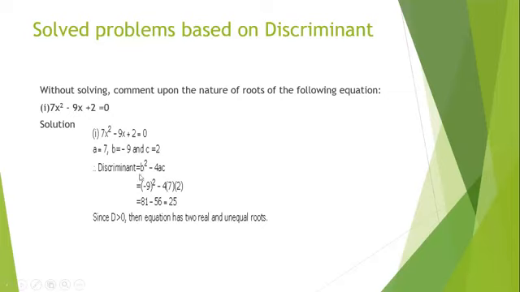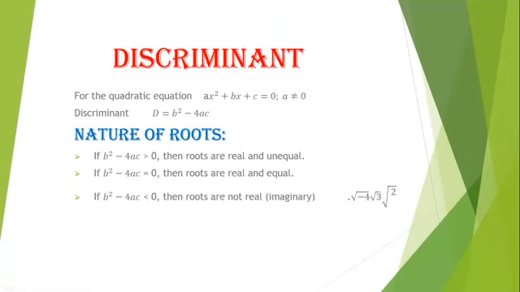Now substitute this value in b square minus 4ac. This will become minus 9 whole square minus 4 into 7 into 2, which is 81 minus 56 is equal to 25. Now this 25, there were three conditions if you remember for telling the nature of the roots. What is the value of b square minus 4ac we are getting in our question?